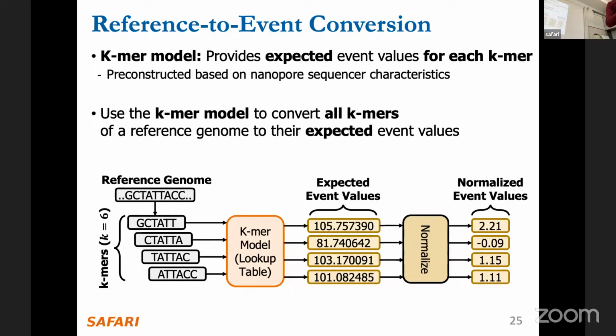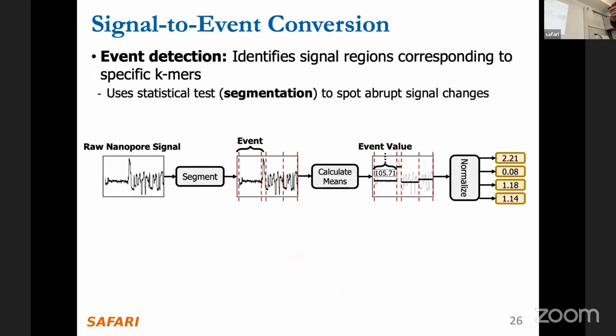But what you're referring to is similar to earlier approaches called event calling. It is similar to base calling, where people try to convert signals to k-mers. Then you're looking at this lookup table from the other side: this is my value, what would be the k-mer?